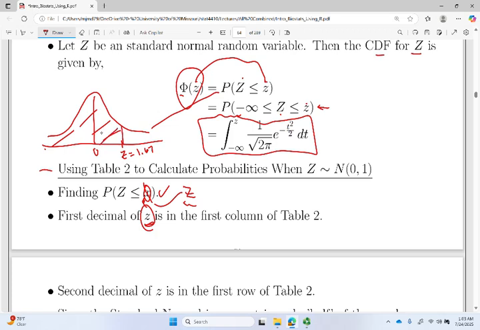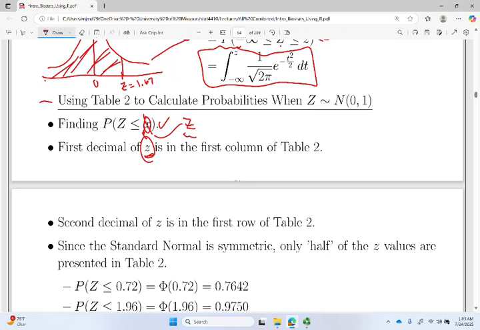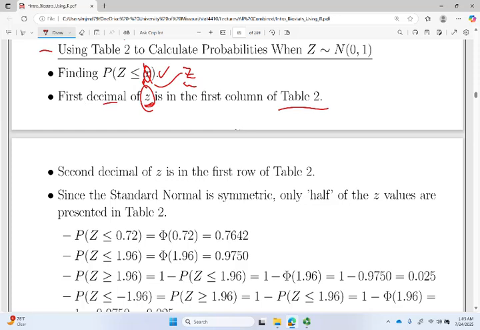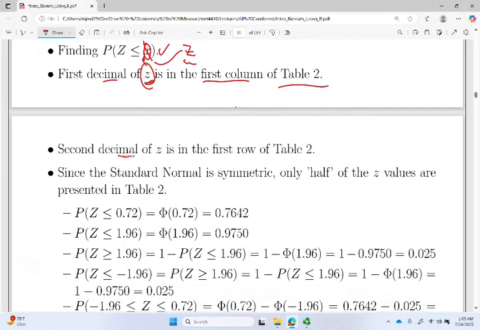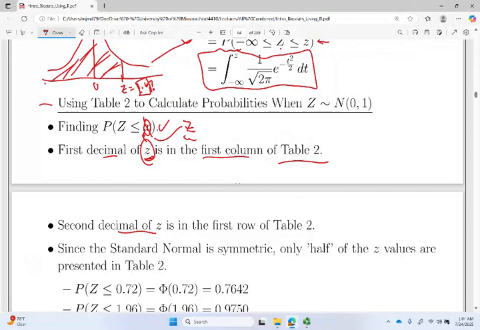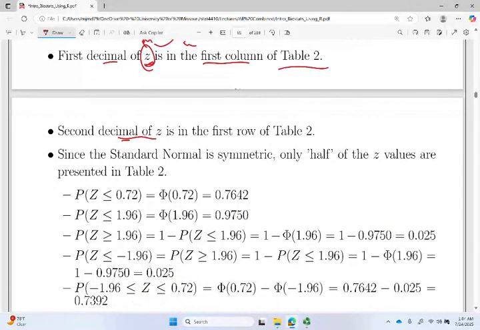And we want to find this probability, and we do that in the Z table, table 2. The first decimal is in the first column of the table. So 1.6 is looked up on the left side of the table. And then that last digit, or the second decimal, is in the first row of table 2.